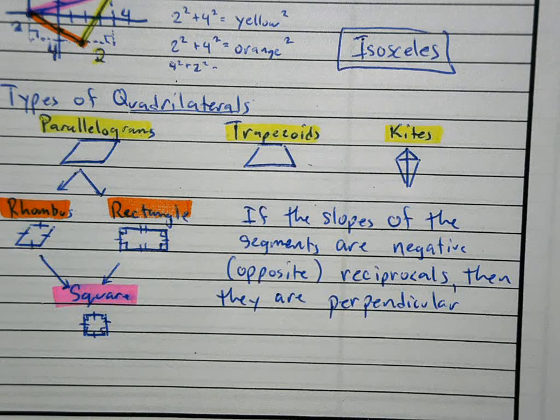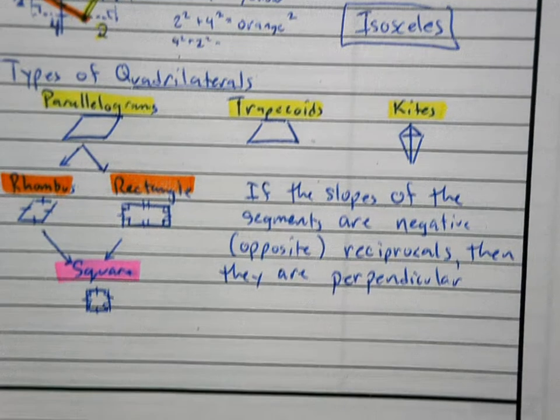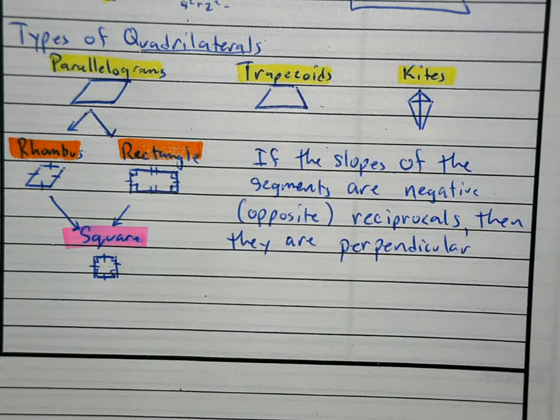If the slopes of the segments are opposite reciprocals, or negative reciprocals, then they are perpendicular.